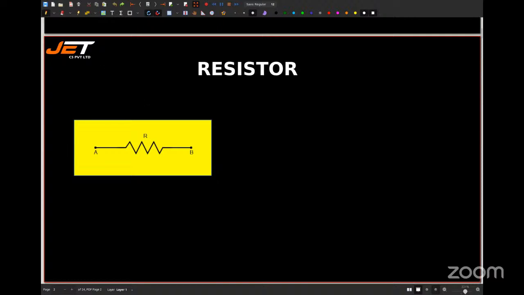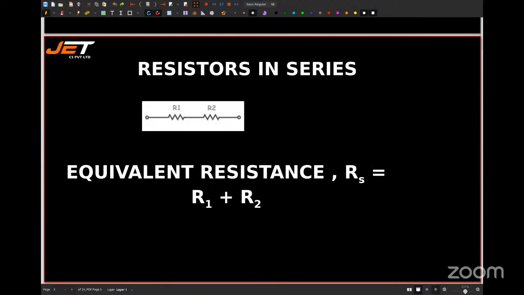So that is a resistor. It is a device, and depending on the value of the resistor, we can say how much it can resist the current flowing through the circuit. Now, if in a circuit two resistors are connected end to end, they are called resistors in series. The overall resistance in that circuit is calculated as the sum of the two resistors.